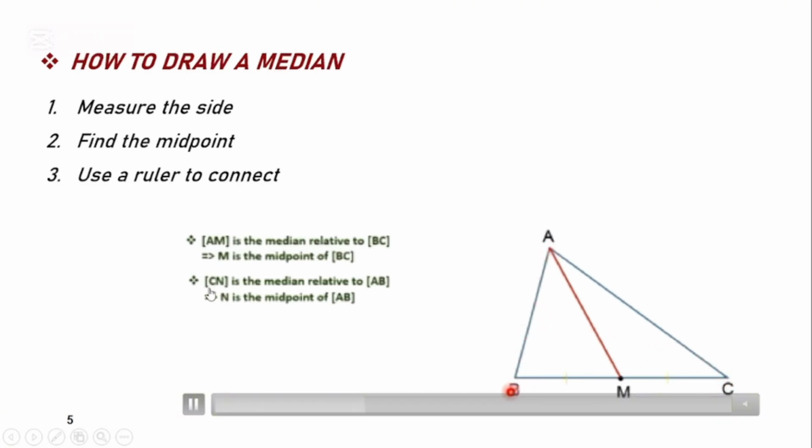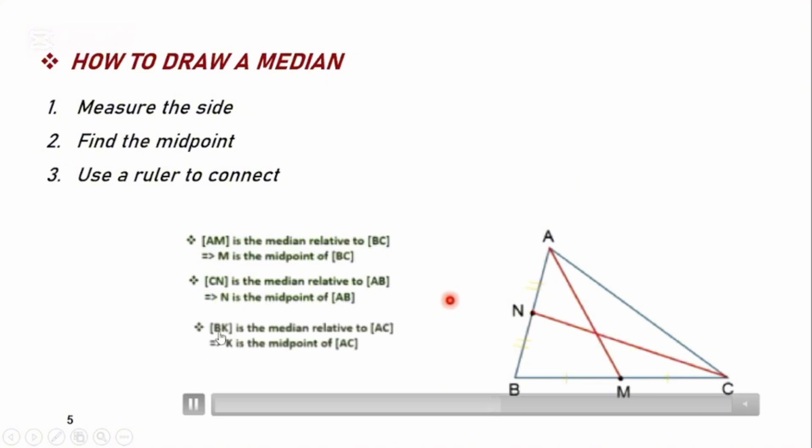So, now CN is the median relative to AB. So, we measure AB using a ruler. It's 5 cm. We mark the midpoint 2.5 cm and then we connect C to N using a ruler.